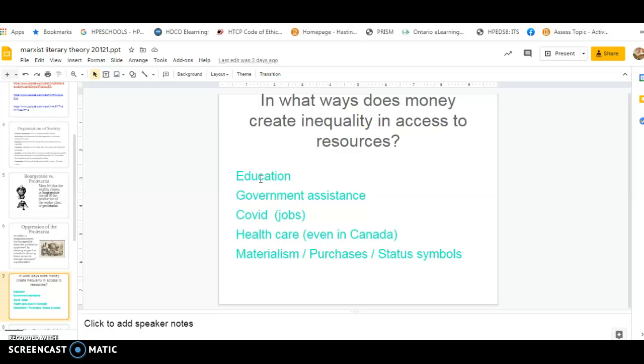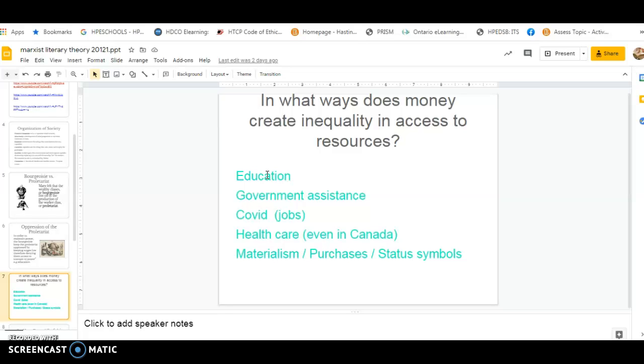Because if you have money, you have access to all the resources. So if you don't have a lot of money, we're talking about individuals who can maybe pay all of their bills but not have much more spending power, maybe they're even struggling for that. We're considering even the middle class because of the cost and access to some of these resources.